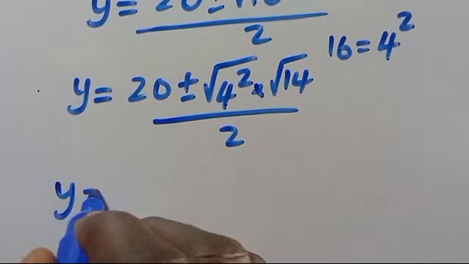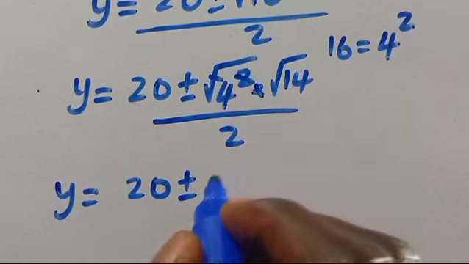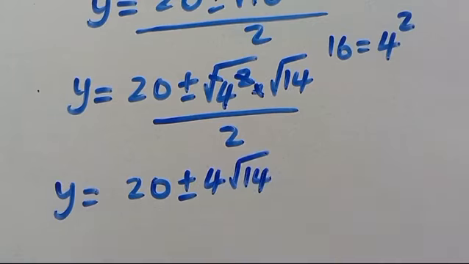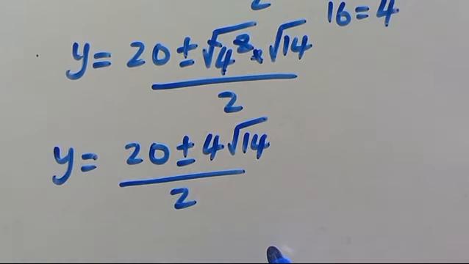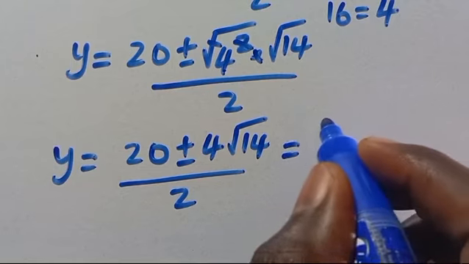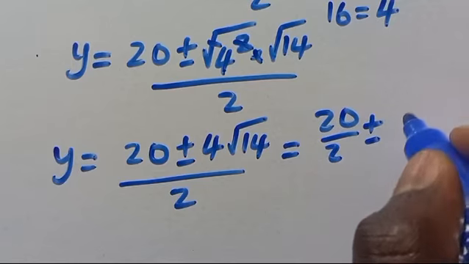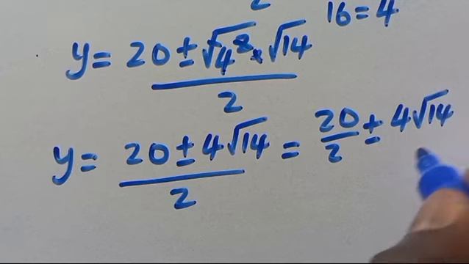We have y equals 20 positive or negative. This we cancel. We have 4 multiplied by root of 14 over 2. Then we can have this as 20 over 2 positive or negative 4 multiplied by root of 14 over 2.